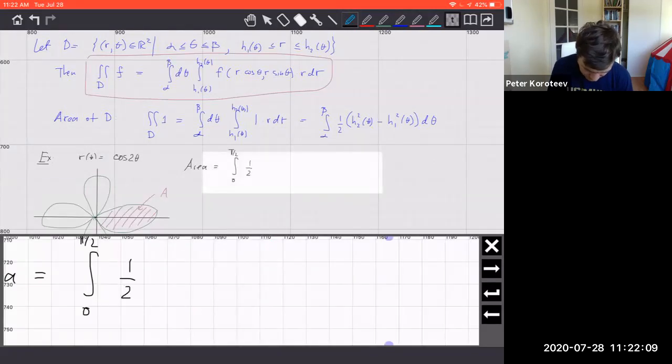So it's 1/2 of cosine squared 2 theta d theta.